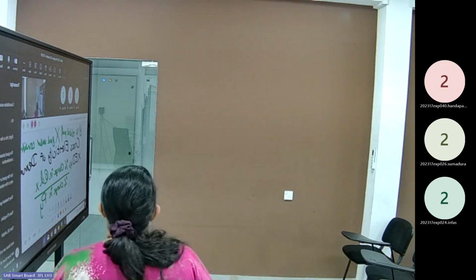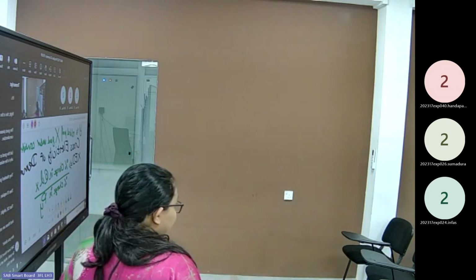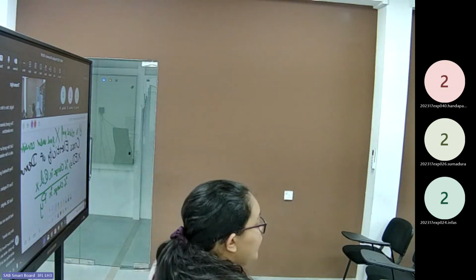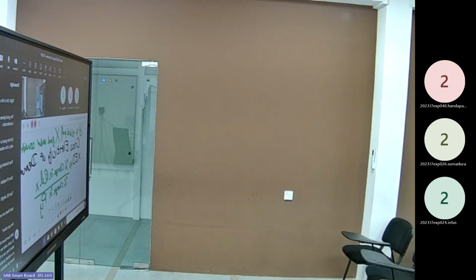So here, what we are looking at is when there is a price change in a related product, we don't know yet whether it's a substitute or a complement. We can guess that by looking at the value that we are going to get for cross elasticity of demand.